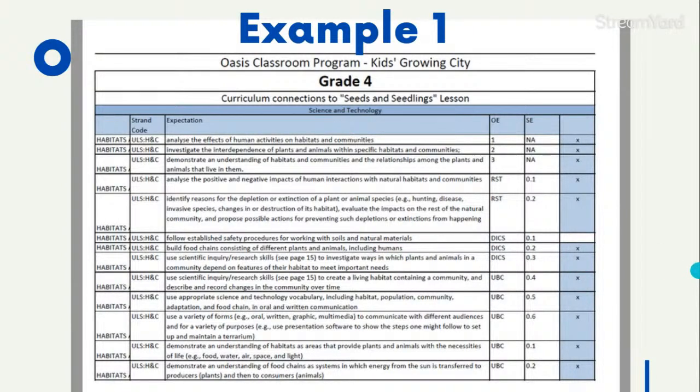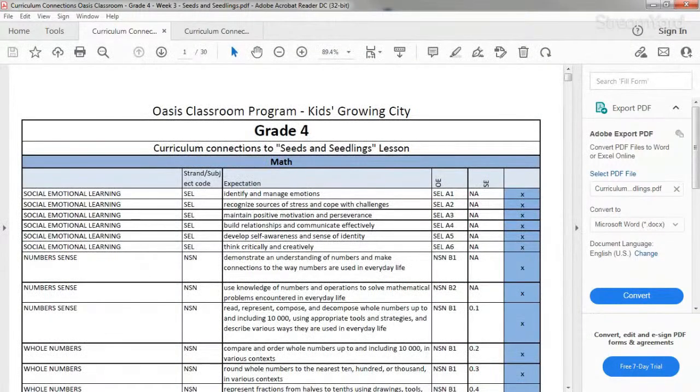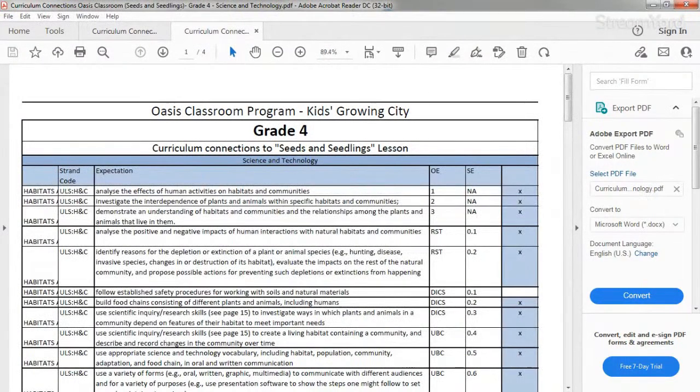So let me bring up the actual document. Can you see this document? So this is math. Let me bring up science because we were talking about science. Here's a science document for the curriculum connections of just one of the 15 lessons that we have in the Oasis Classroom program, or my previous program, Seeds and Seedlings.